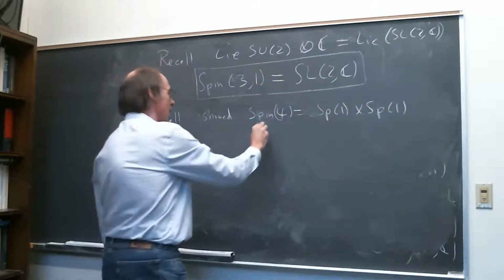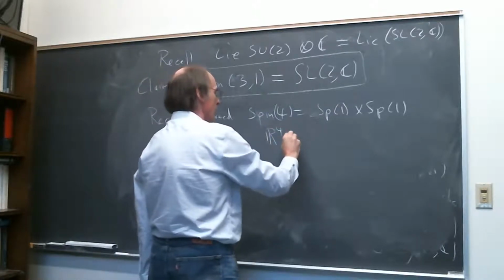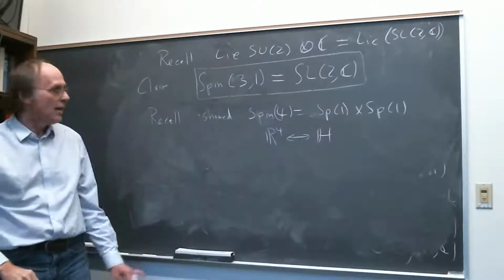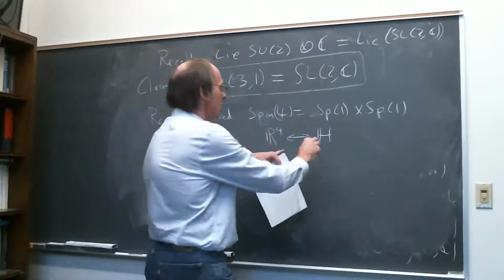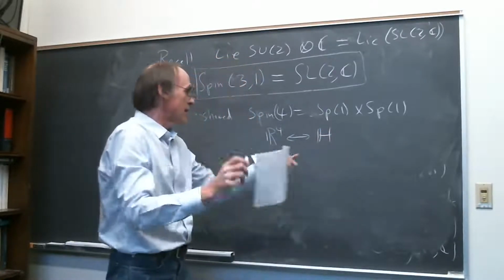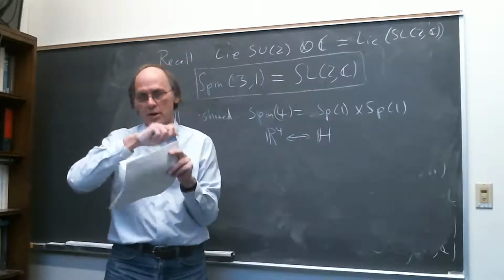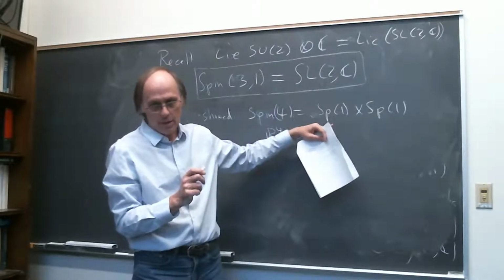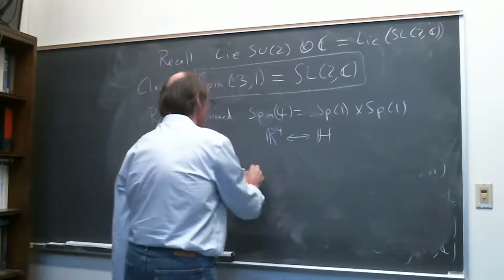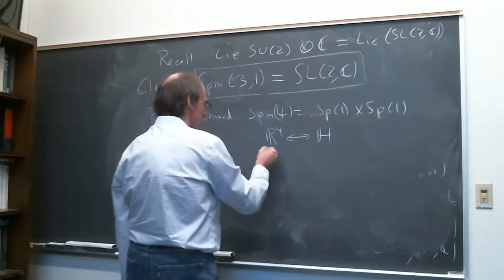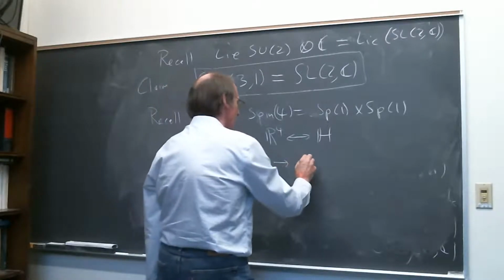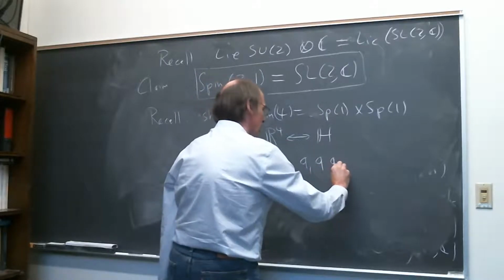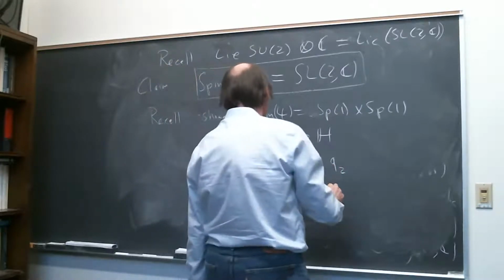What I did was I identified R4 with the quaternions, and then I showed that you could get a linear transformation of the quaternions that preserved the standard positive definite inner product on it, by taking a quaternion Q and left multiplying it by another quaternion and right multiplying it by a second quaternion.